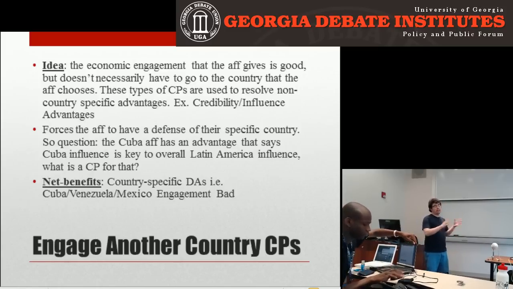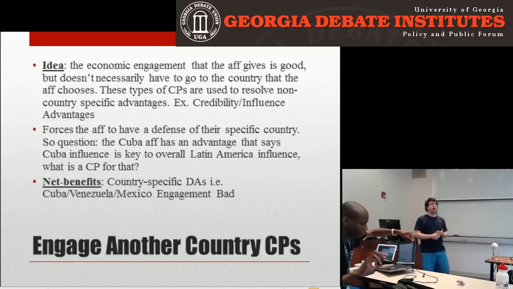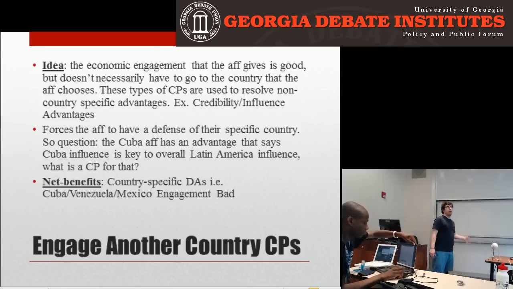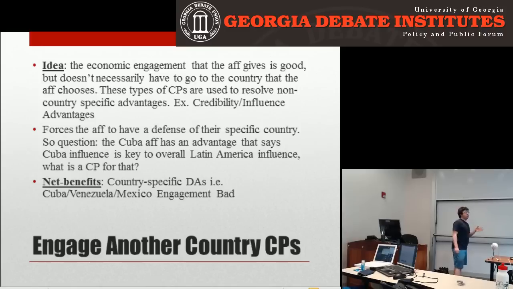Or basically any advantage the affirmative could read, it would be hard. But if you are able to read a counterplan that engages another country that's not Cuba, it allows you to cast a wider net and have a counterplan that solves a lot of the reasons why engagement by itself is a good idea, right?